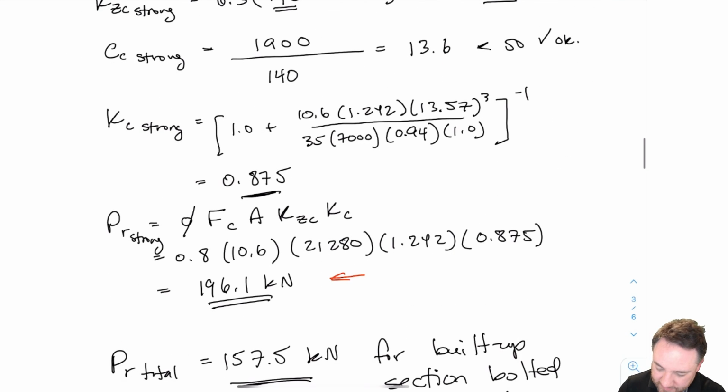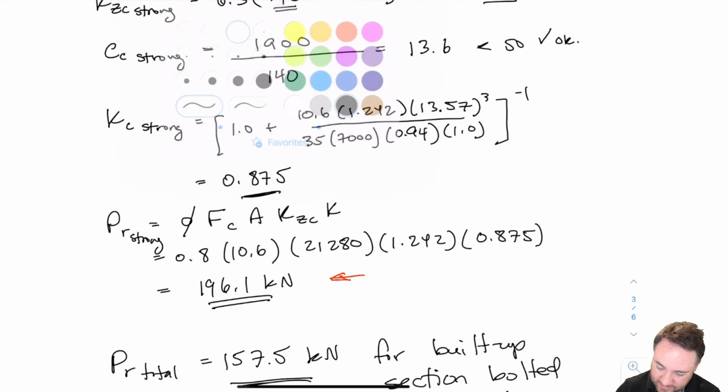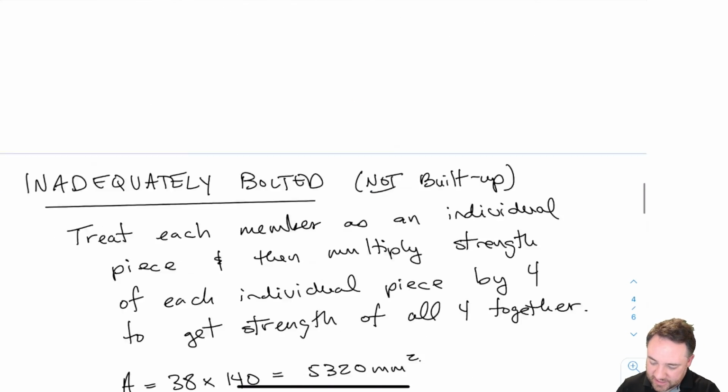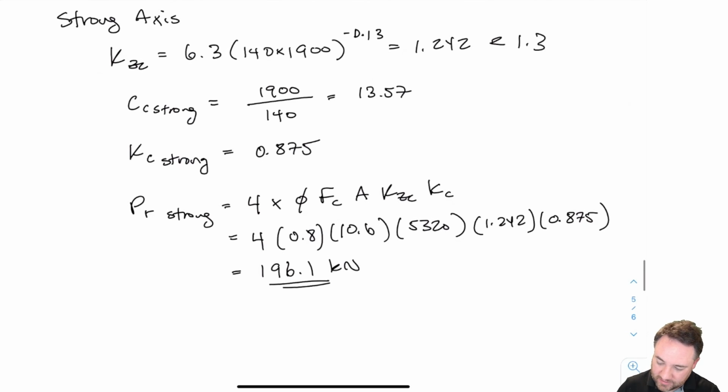And that's because the only difference between these two equations ends up being that here I have the total area 21,280, which is 4 times the area that I'm using down here, which is 5320. So instead of that 4 being in the area, it's out here. Okay, so 4 times 5320 is the same as the total area that's used in the equation above.